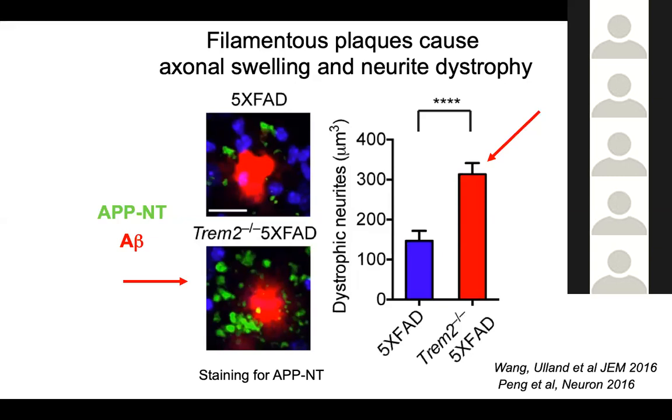So we stained the brain sections with N-terminal APP, which accumulates in the dystrophic neurites, and measured the APP-positive neural damage around the plaque.